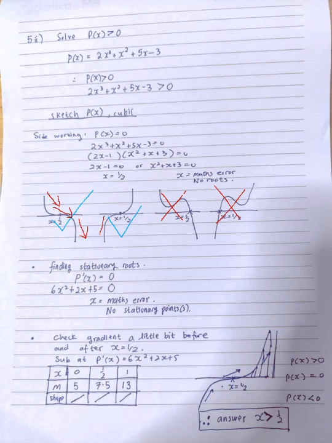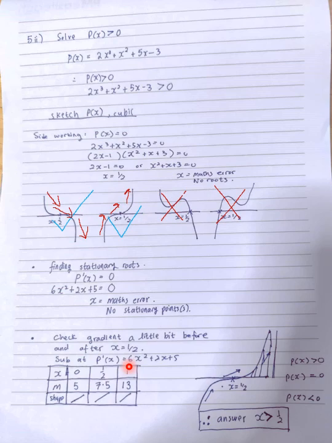Here it is going up, and then going up, and then going up. We've done this on differentiation last time. So you have to check the gradient a little bit before x equals half and a little bit after that. Here is your x, I choose 0, not too far, and then half, and then 1.